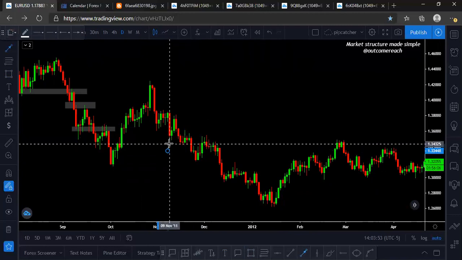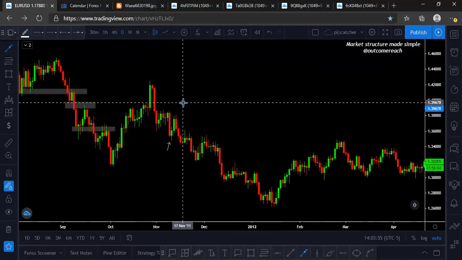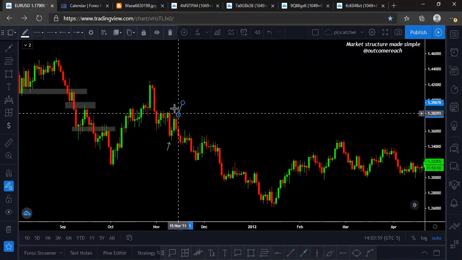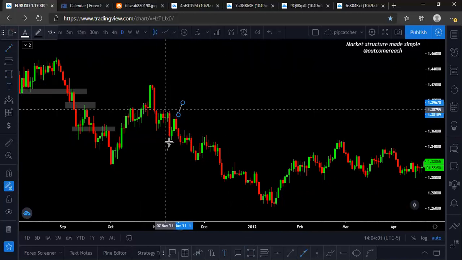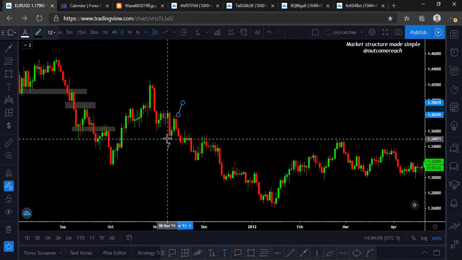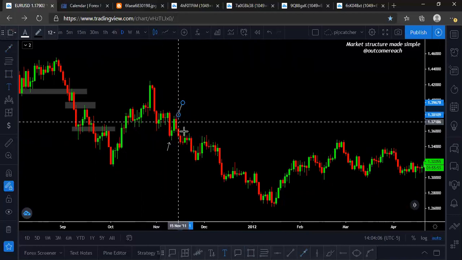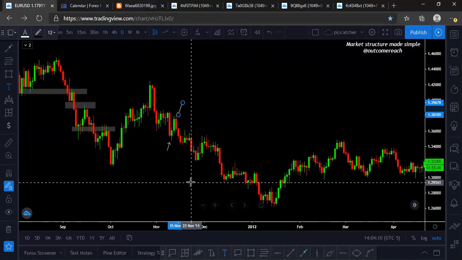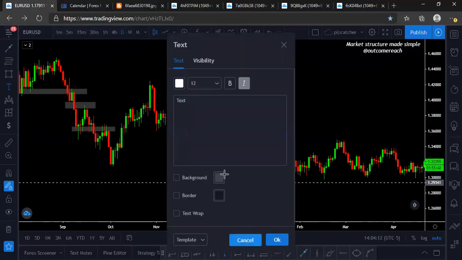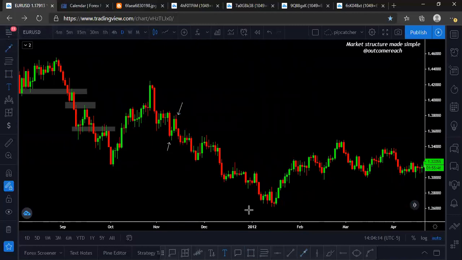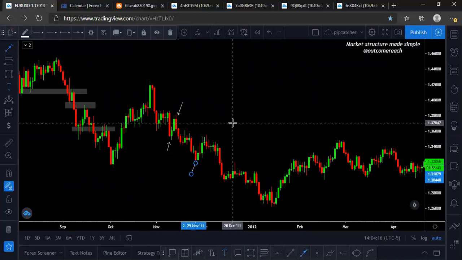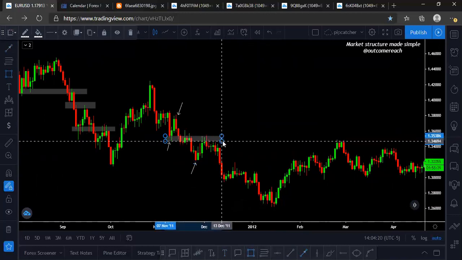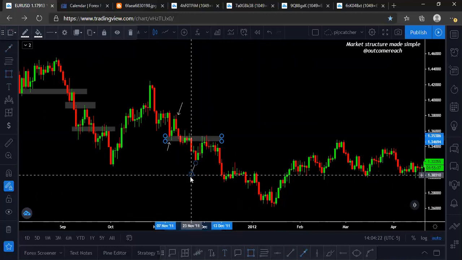So we have a new low that gets created, and then this pullback right here, creating that lower high. So we have a lower low, a lower high, broke structure, and then we have a new lower low here, retesting structure.